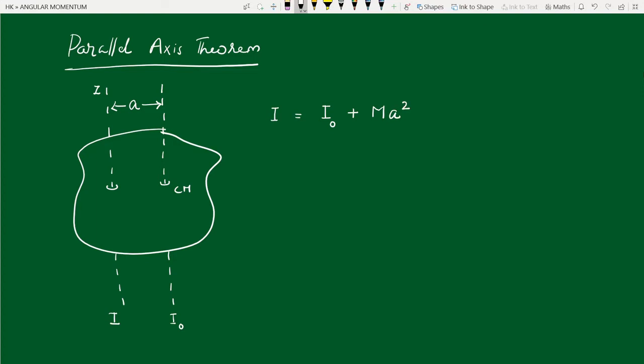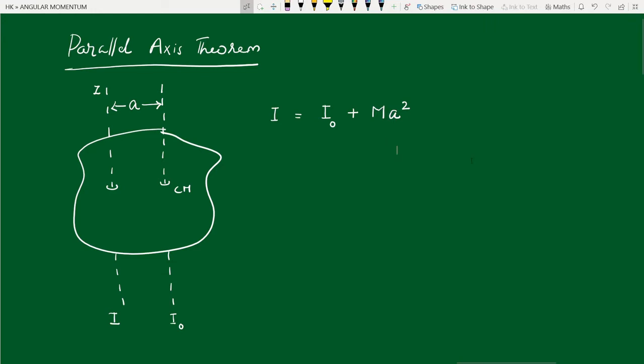This is the parallel axis theorem. It can be any axis, not only the z axis.